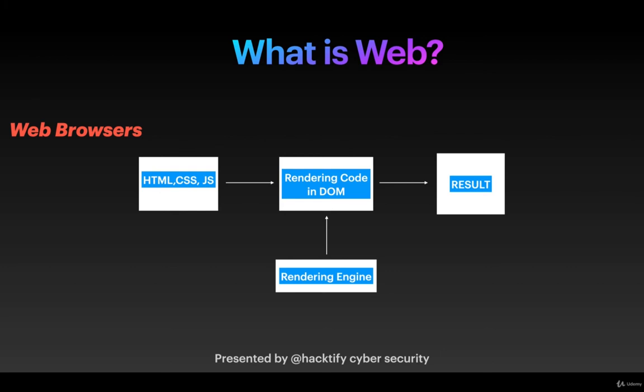Now, how does a web browser work, or how is it able to load a website or web page? It is very simple. In general, a web browser takes the HTML, CSS, or JavaScript code and passes it to a rendering engine.